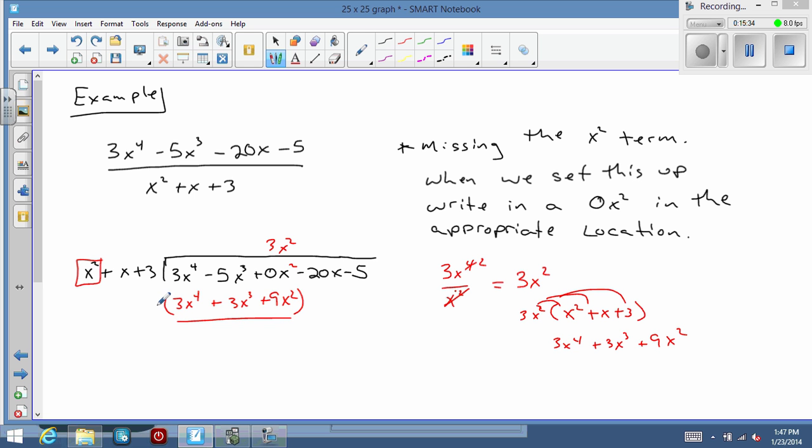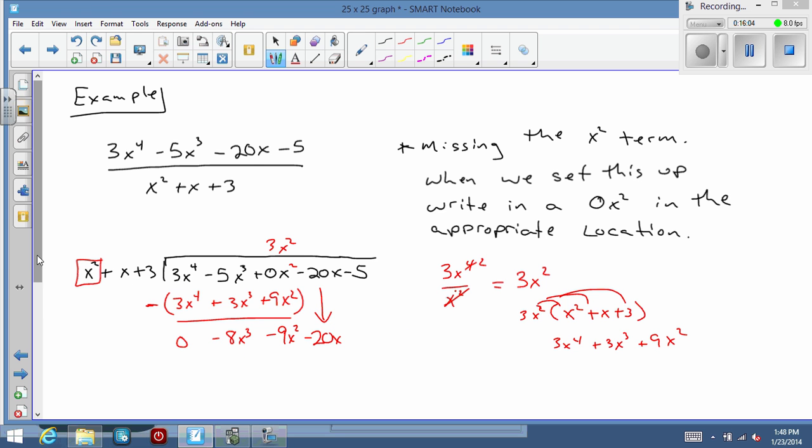And we are subtracting. So here we get our 0. Negative 5x cubed minus 3x cubed is negative 8x cubed. 0x squared minus the 9x squared is negative 9x squared. And now we bring down the negative 20x.